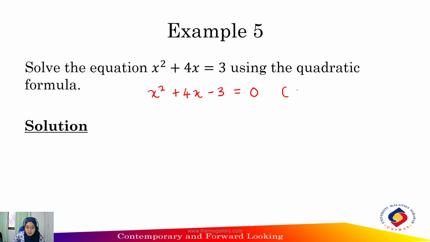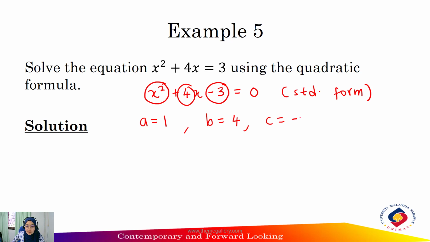So this is the equation in standard form. Okay, next step, identify each coefficient. a equals 1, the coefficient of x squared here is 1. And then the coefficient of x here is 4. So b equals 4. And then the constant c equals negative 3.